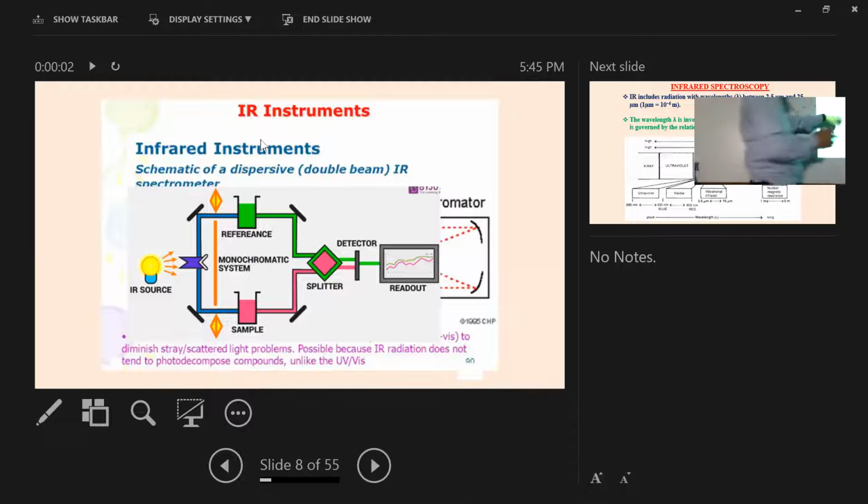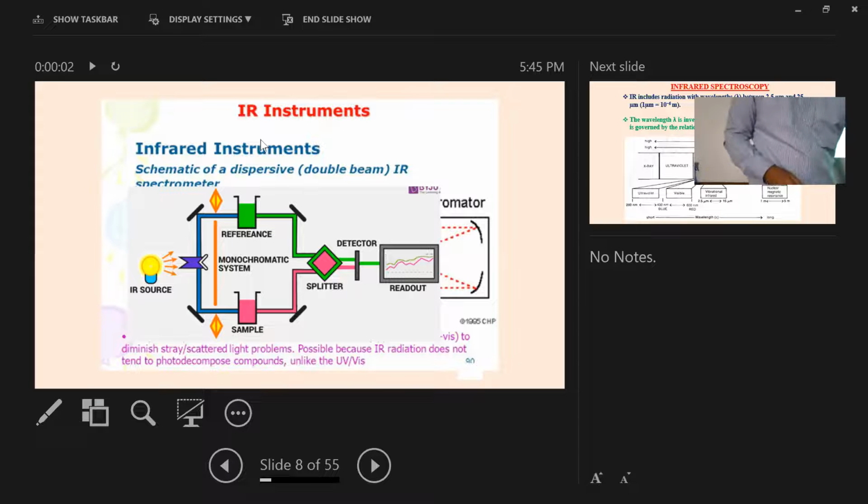That means if we sum up these two lights or wavelengths, we'll have something like this. At the maximum point, the intensity of the light will be very high.